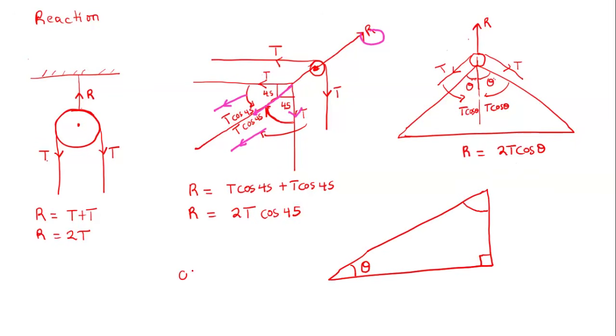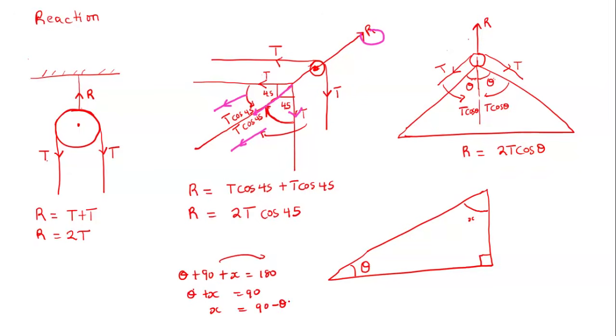So I can say theta plus 90 plus this angle, which I'm going to first call x, should give me 180. So what shall I have? I take the 90 this side, I'll have theta plus x is equal to 90.